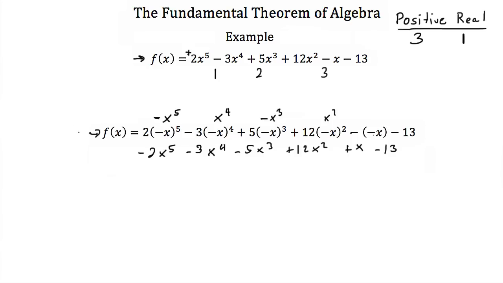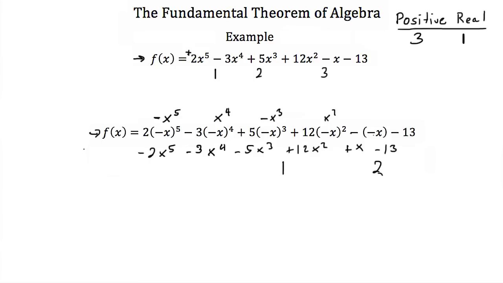So now that we've simplified that, let's count our sign changes. We have a negative 2 and a negative 3. Those are the same sign. Then we go to a negative 5. Again, that's the same sign. But from a negative 5 to a positive 12, we have one sign change. From a positive 12 to a positive x, those are the same sign, so that's not a sign change. Then a positive x to a negative 13, that would be our second sign change.